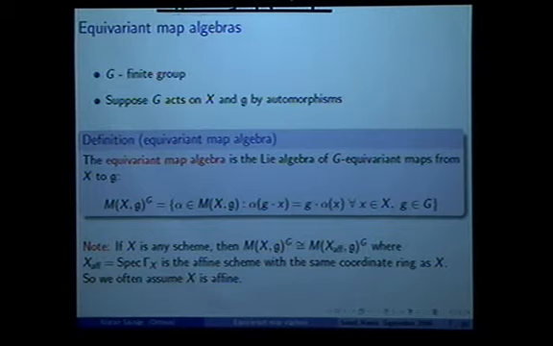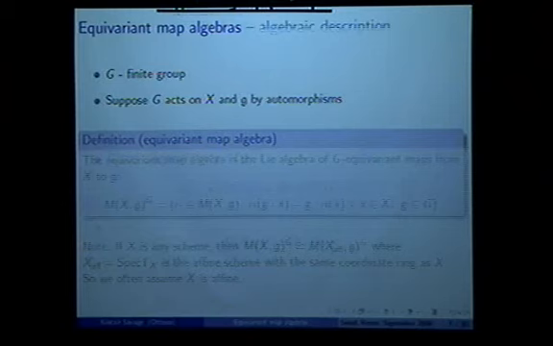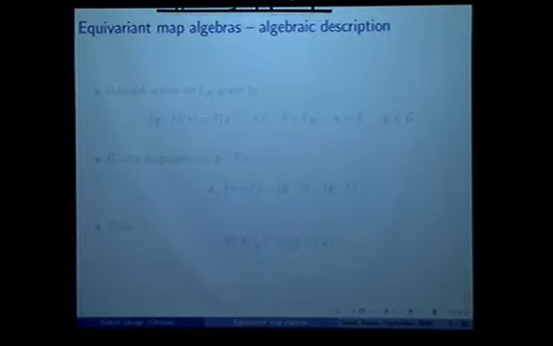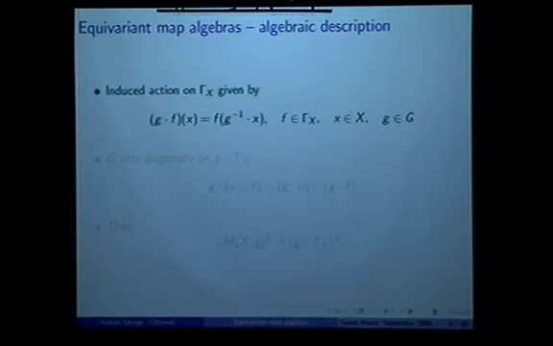It's just equivariant maps from some scheme or variety to some finite dimensional Lie algebra. Now, if we want to give an algebraic description of this, again, remember our map algebra, the algebraic description was this finite dimensional Lie algebra G tensor some ring. And so for the equivariant one, we just have a group action. So if we have our group action on the scheme, then we have a group action on its coordinate ring. Right?